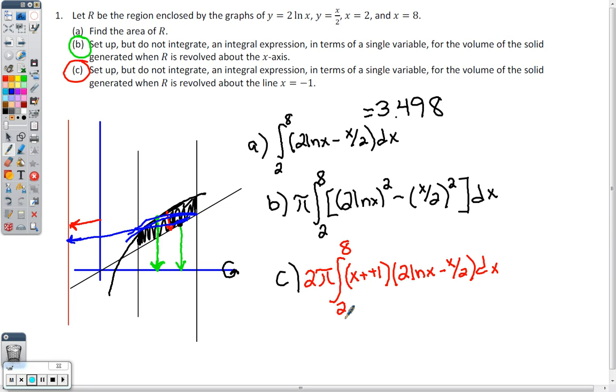Okay, and so then we'd have pi, and then we'd say from the line, but the line we'd have to change into y, so we'd have 2y equals x. And so we go from the line to that, which is y plus 1. And then we'd have to go from the curve to that, and that gets squared.